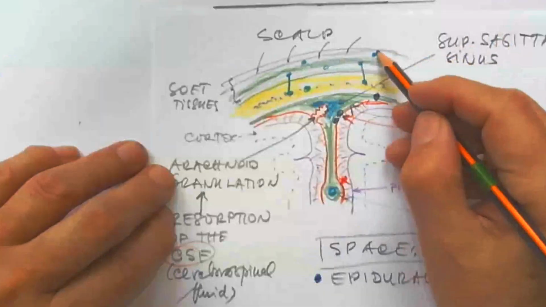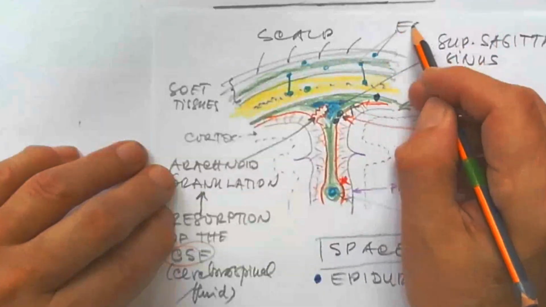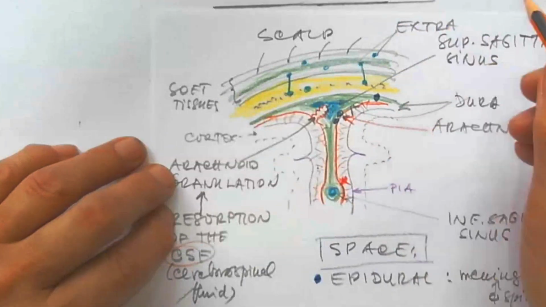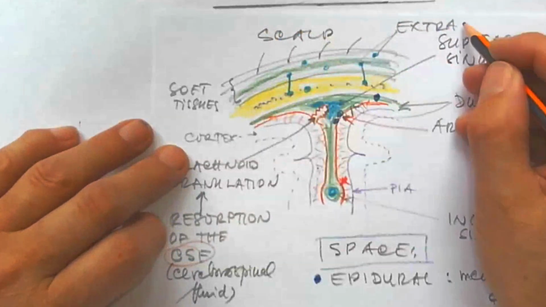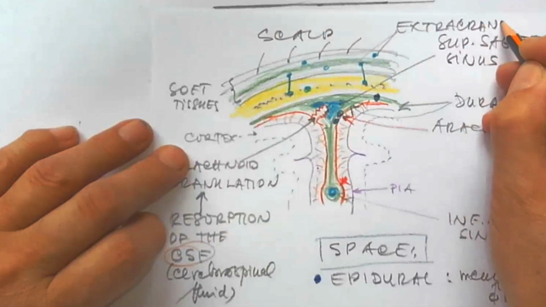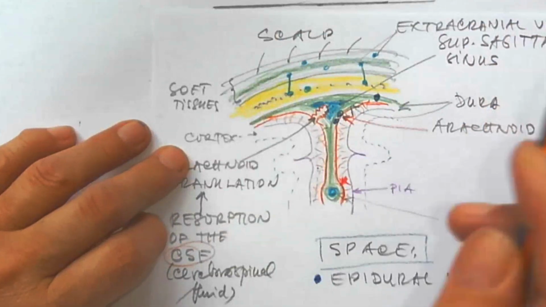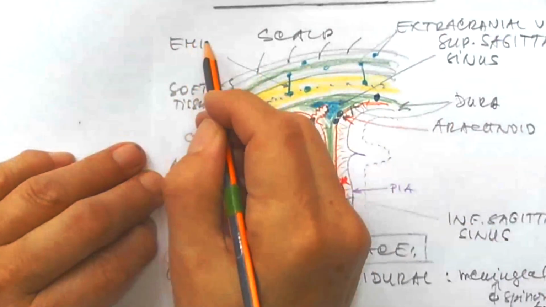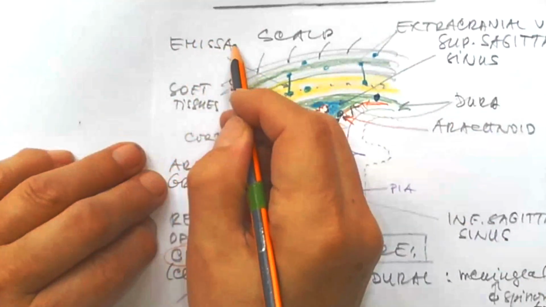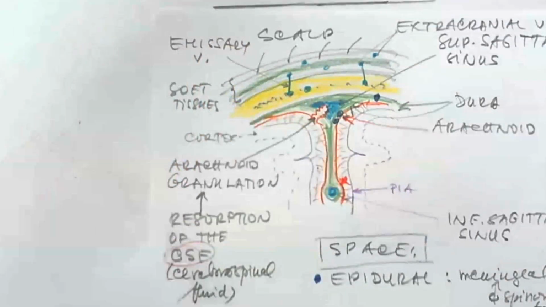Here we see the cranial, the best general name, extracranial veins. Then these are called emissary vein or veins.